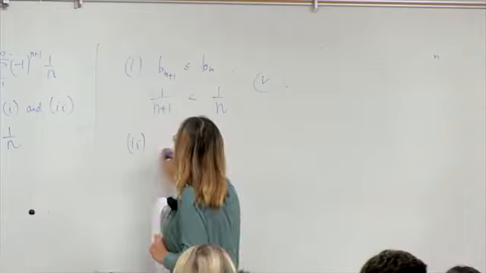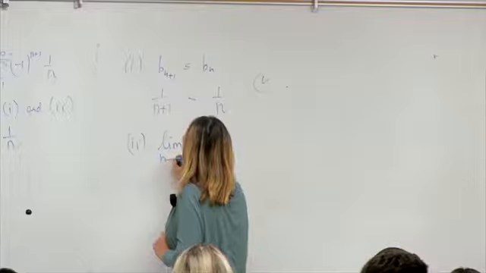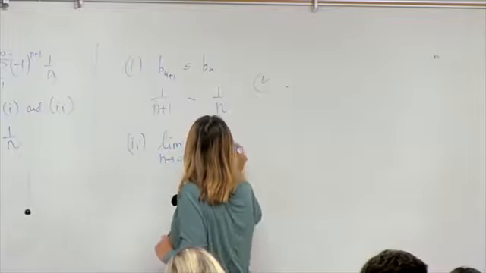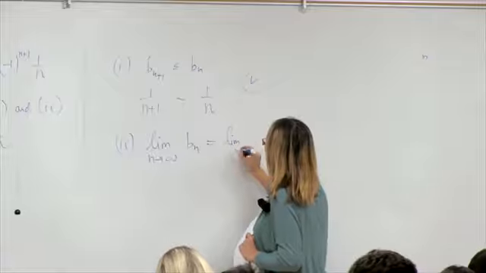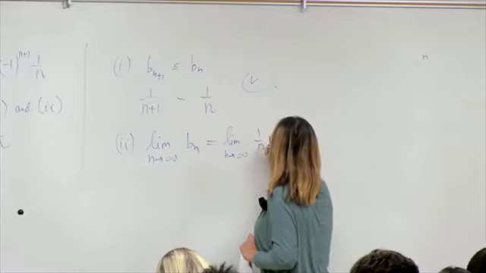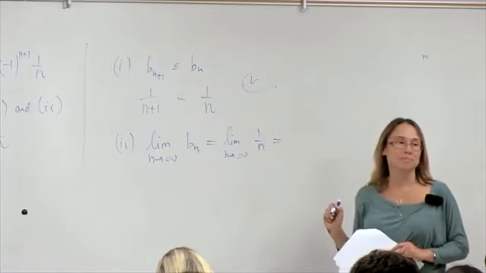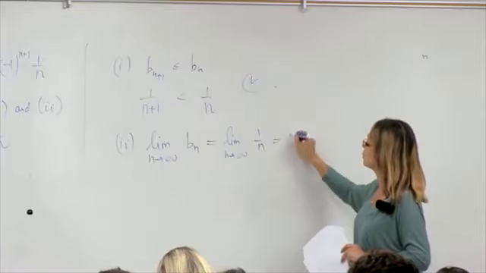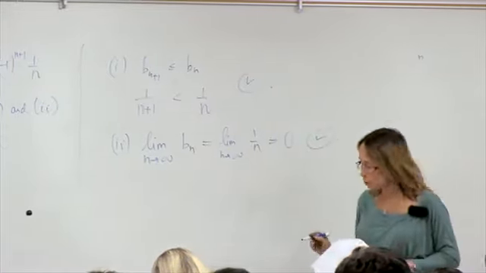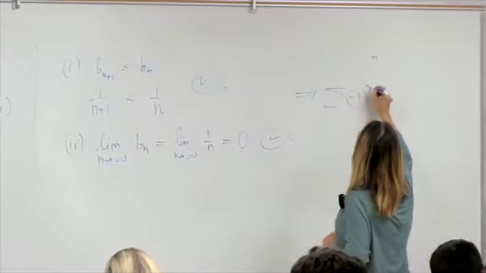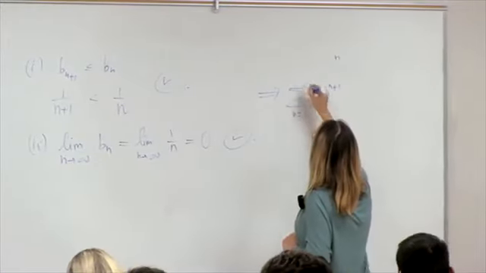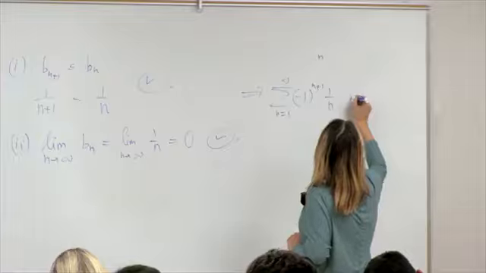The second condition is the limit as n goes to infinity of bn. This is usually really easy to check. What happens here? The limit as n goes to infinity of 1 over n is 0, quite clearly. So both conditions hold, and we conclude that this alternating series converges.